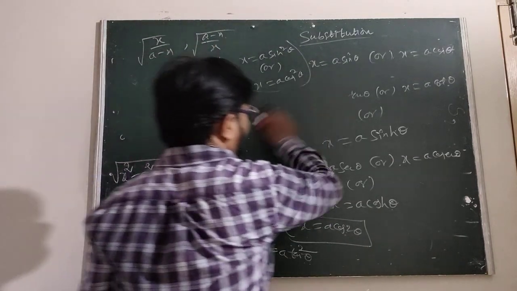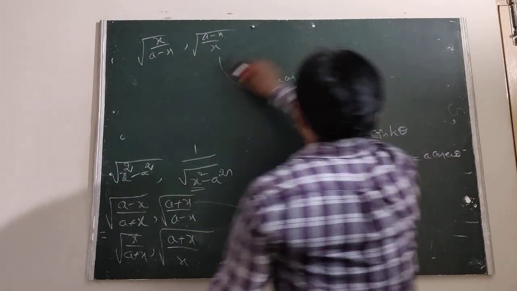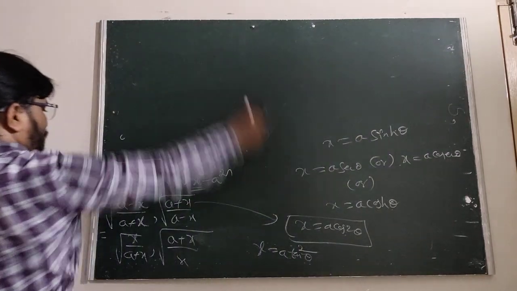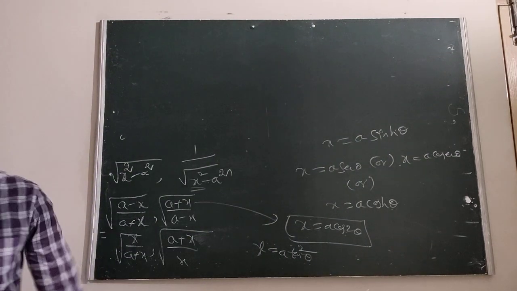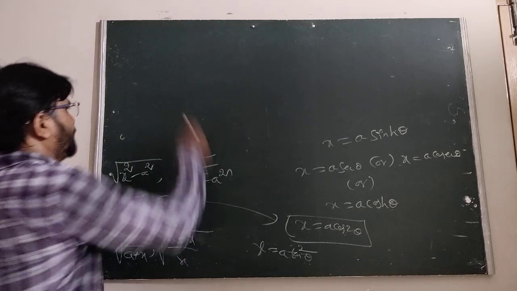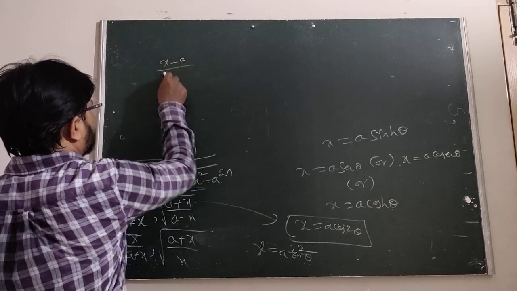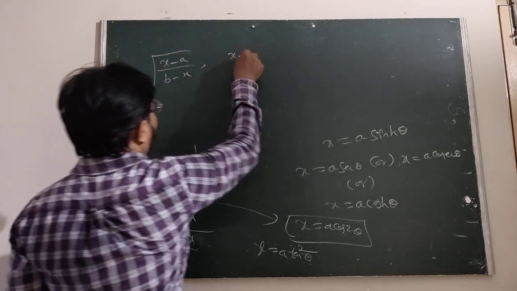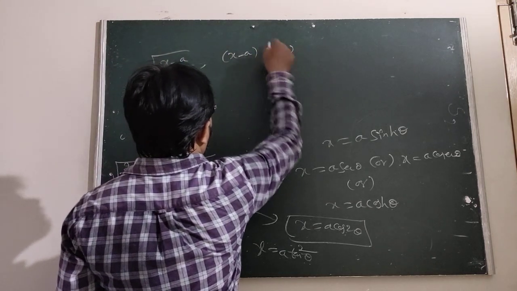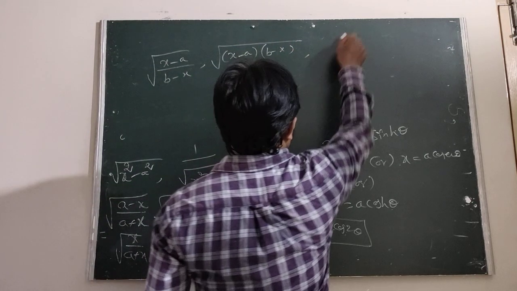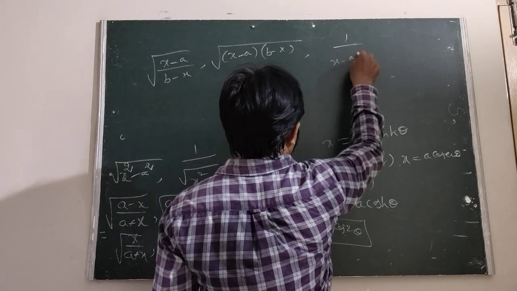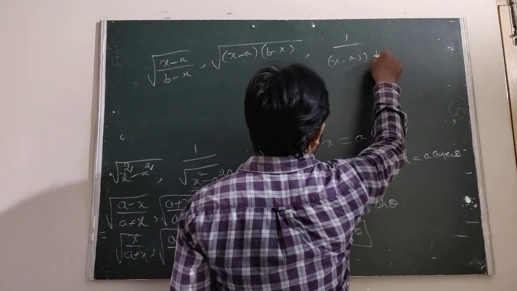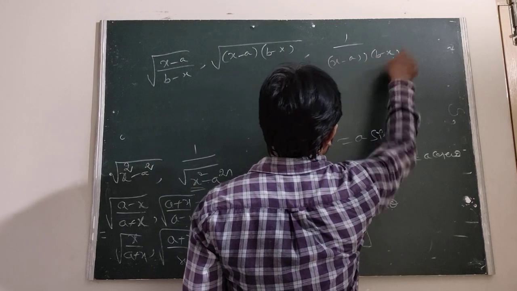Now we are going to the other substitutions. The first one is root of x minus a by b minus x, and the root of x minus a into b minus x, and 1 by root of x minus a into b minus x.